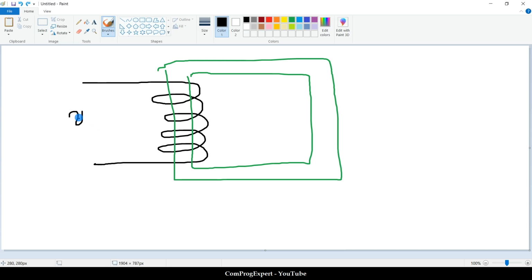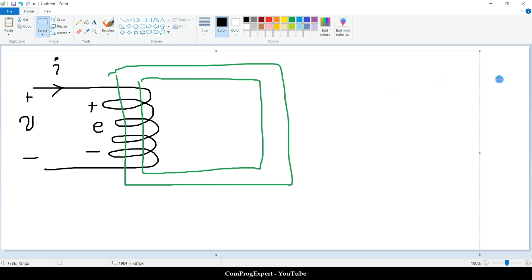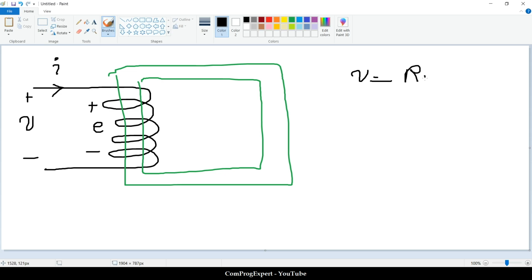Let me write. This is the applied voltage. This is the current I, and we have this induced voltage in it. So we can write V equal to R I plus d lambda dt. D lambda dt is the EMF, or actually E.